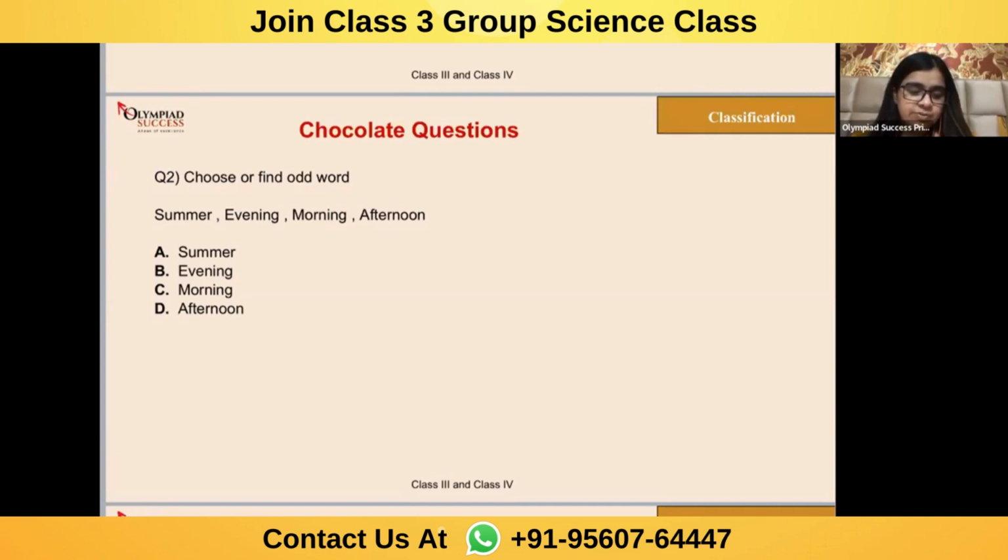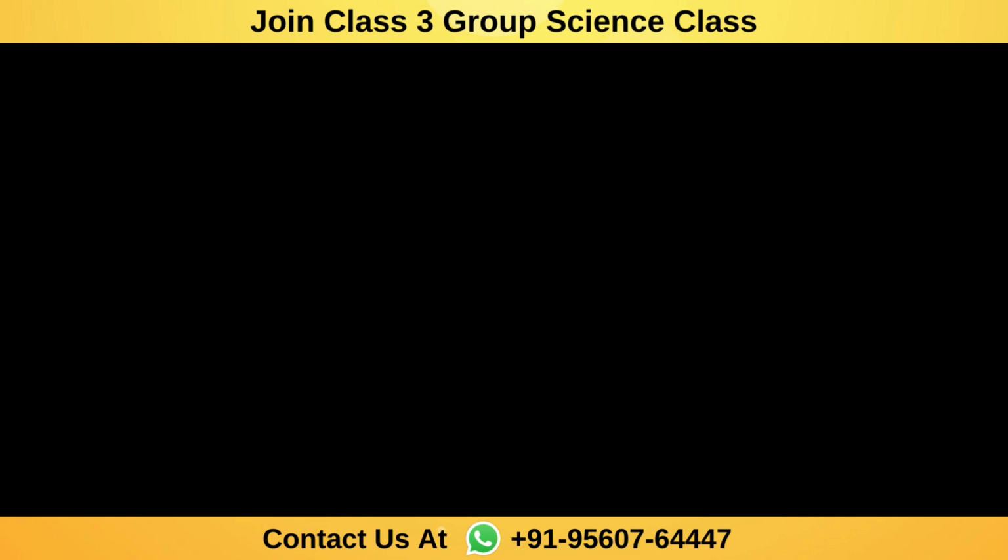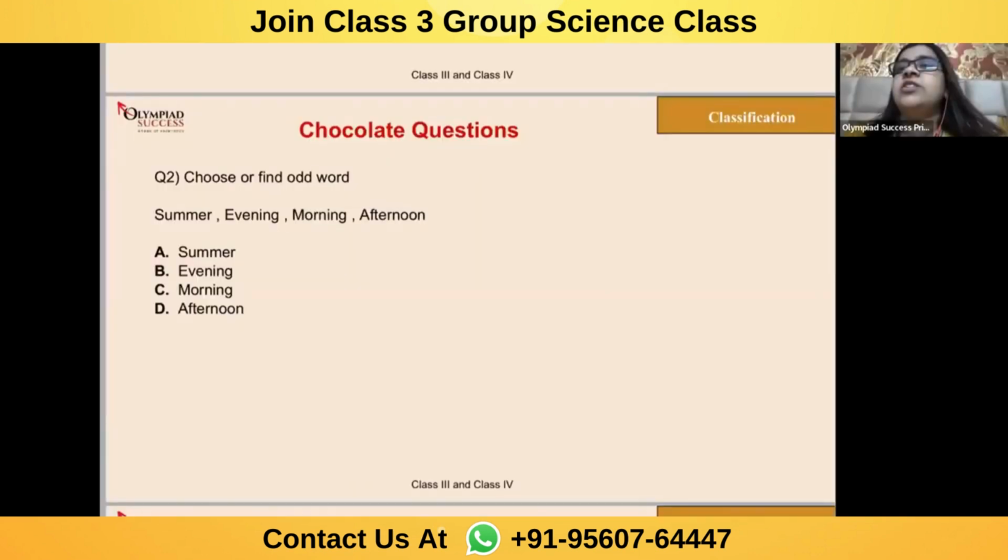There we go. Please do the test on time. Submit the test by Friday. Don't take more time than Friday. Submit it in the Google form so that I get your scores as well. And then we can discuss your questions and additional doubts.